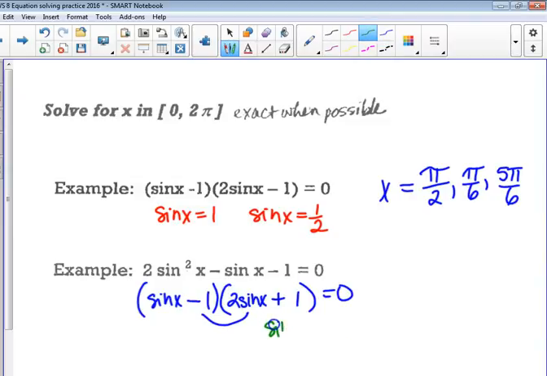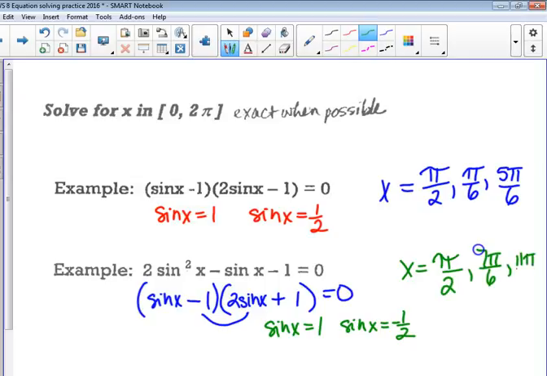So we get the sine of x is either positive 1 or negative 1/2 this time. So I think pi over 2 is still a solution, but this time instead of pi over 6 and 5 pi over 6, we have 7 pi over 6 and 11 pi over 6. Is that right?